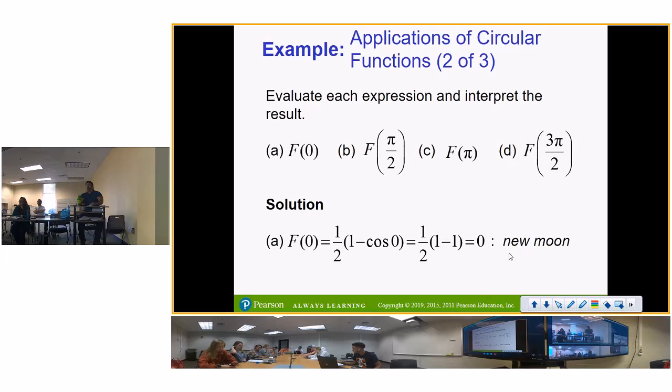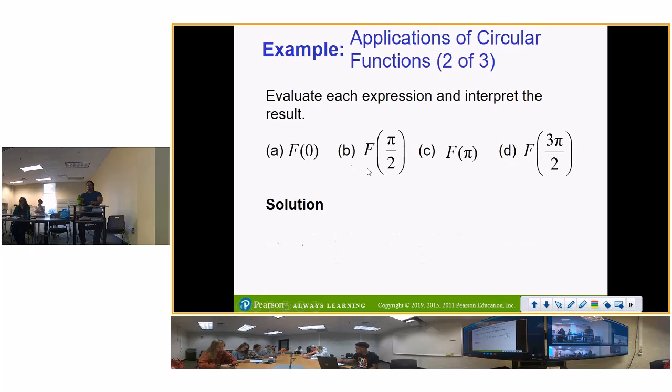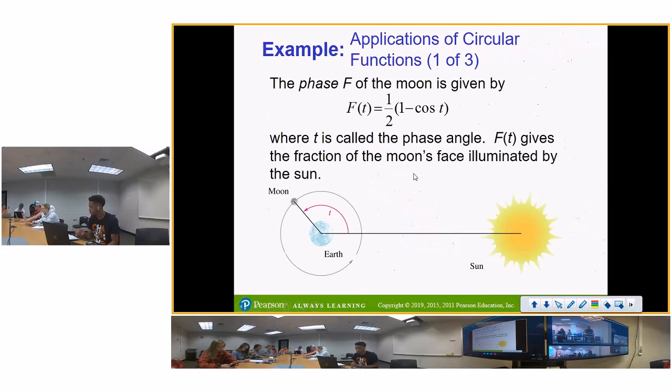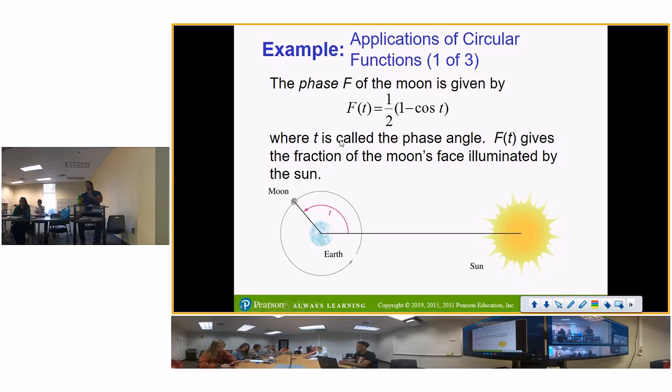Plug in, you get 0. So that means that 0, remember, go back. What are you finding? F of t gives the fraction of the moon's face illuminated by the sun. So what does that mean? 0 fraction of the moon's face.